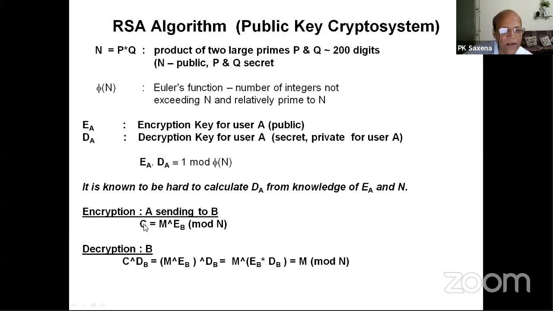This gives a cipher, and decryption is that the cipher is raised to the decryption key, which cancels the effect, and ultimately we get m.